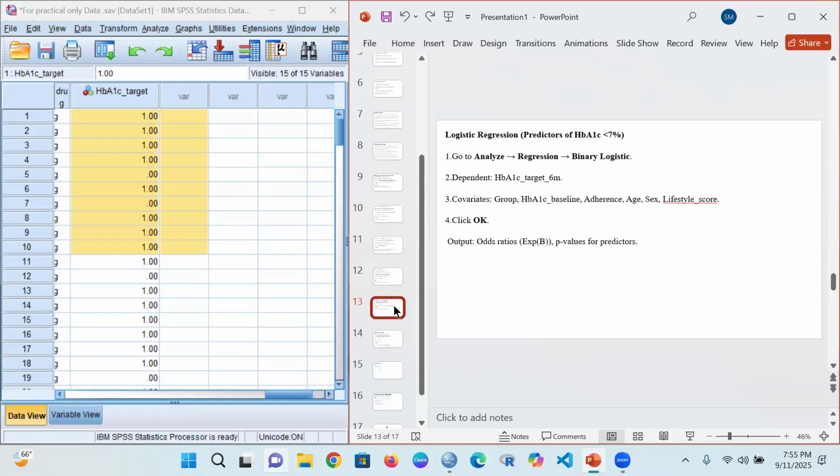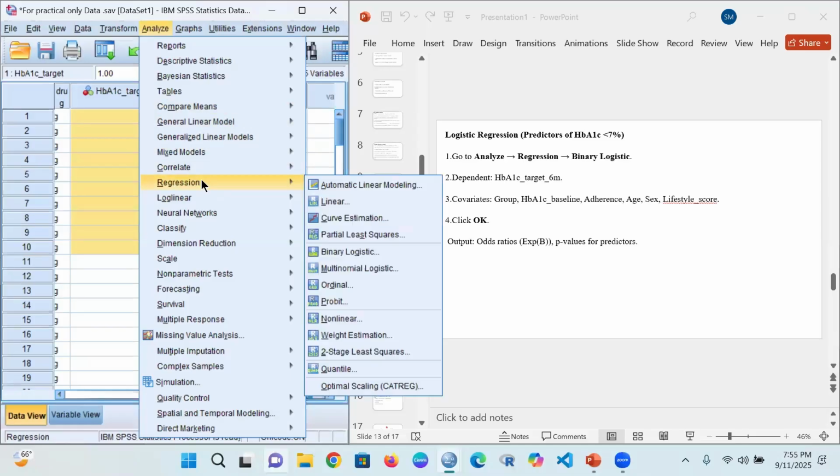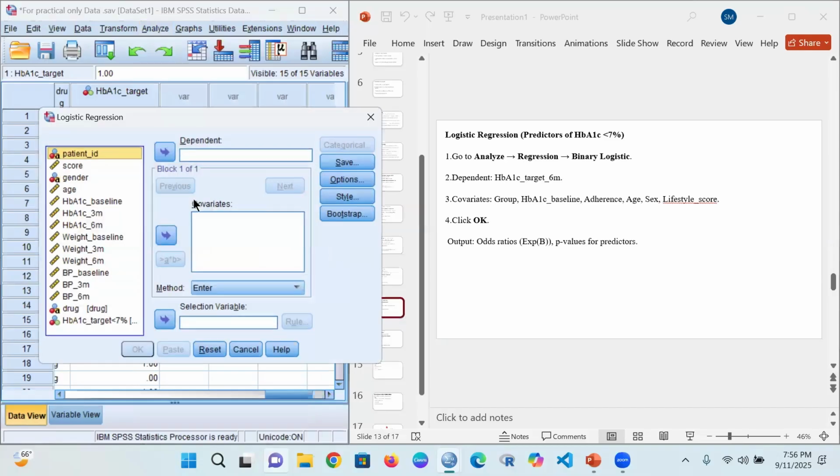First of all, you go to analyze. You go to regression. When you get to regression, you get to the binary logistic. I think anyone who has SPSS is following. You get the binary logistic.